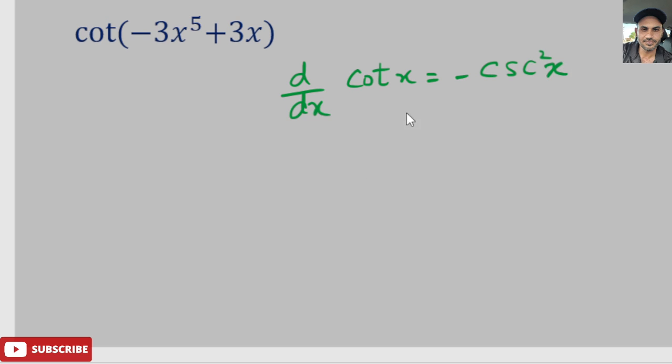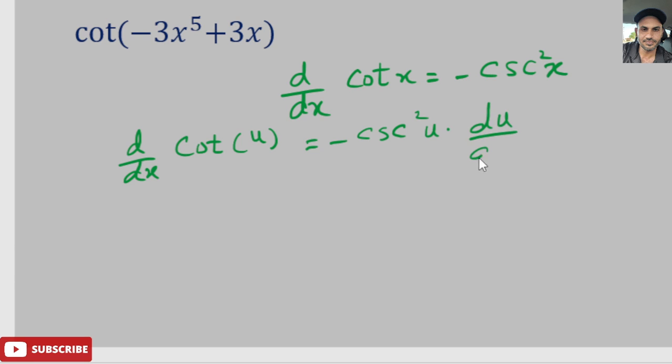Okay, so this is for a general cotangent of x, but if we have a function instead of x, we're taking the derivative d over dx of cotangent of u, where u is a function of x. Here we have to apply the chain rule, so it's going to be negative cosecant square u times du over dx.